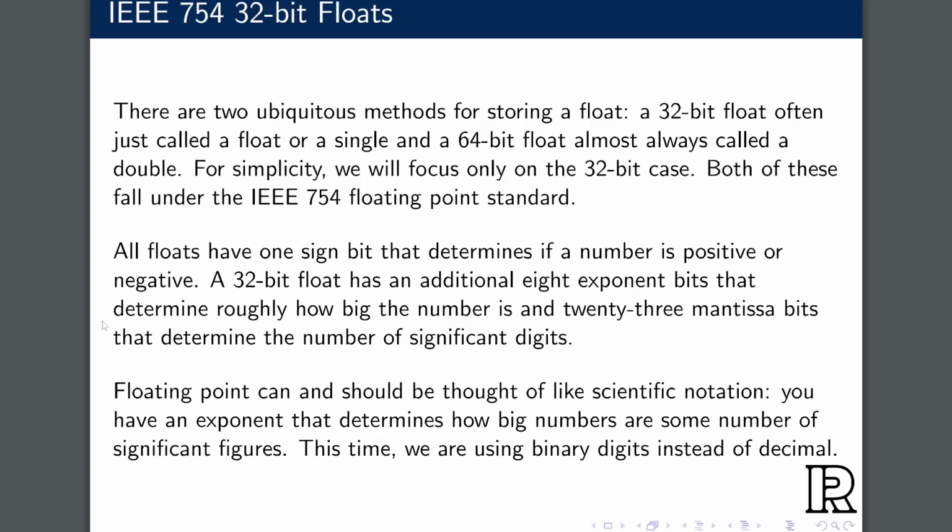I hope by now most of you have run into scientific notation, because floating point representation can and should be thought of like scientific notation. In scientific notation, you have a number at the beginning that's always between 0 and 10, with some number of digits, and that number is the mantissa.